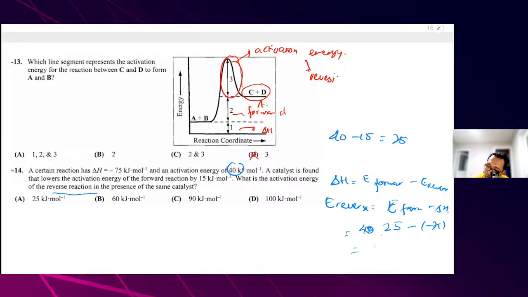So this one should be 100 kilojoule per mole. So the answer will be D for number 14.